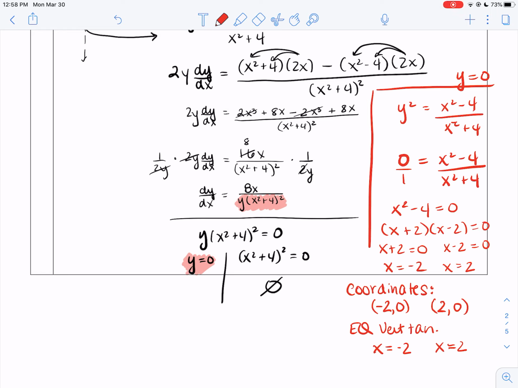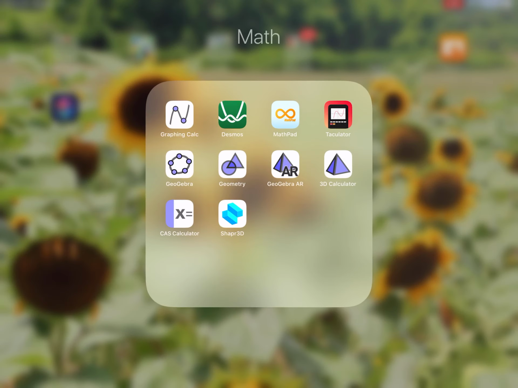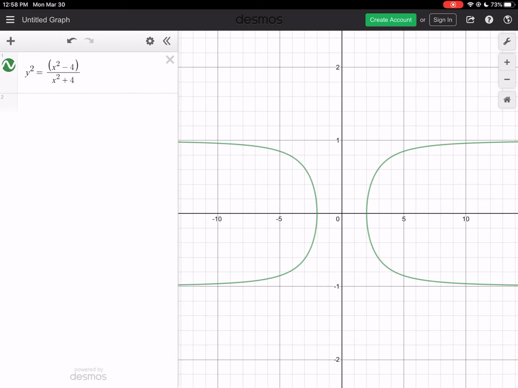You can actually go to Desmos and graph the original equation here to justify that these are the coordinates and these are the equations of your vertical tangents. If we utilize Desmos and we plug in the original function here, which I actually already have graphed for you, note when you're looking at the graph here, when x is equal to negative 2, and x equals positive 2, not only do you have here two different roots for the function, but we also can see that these are coordinates where we have vertical tangents.